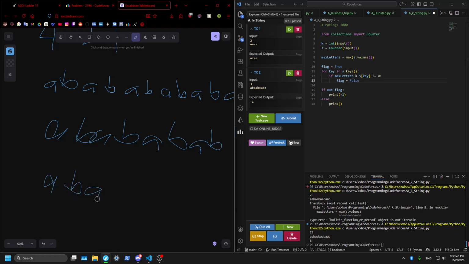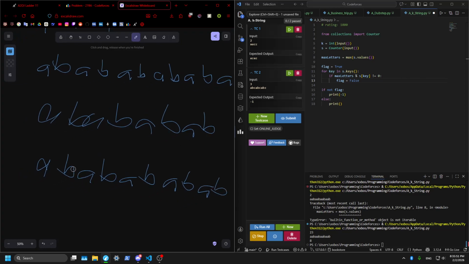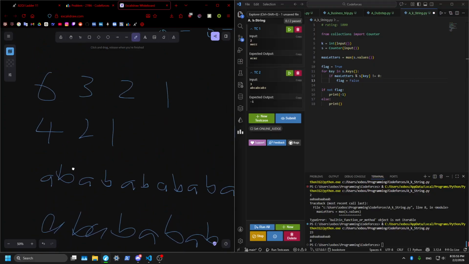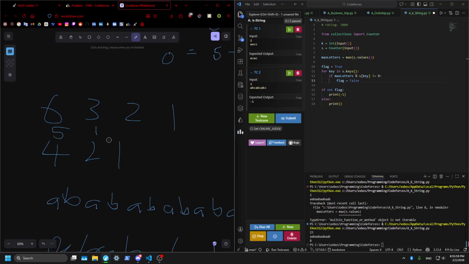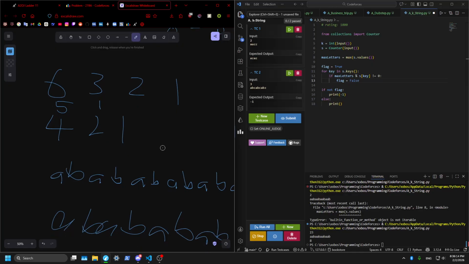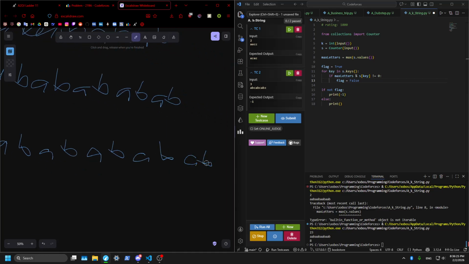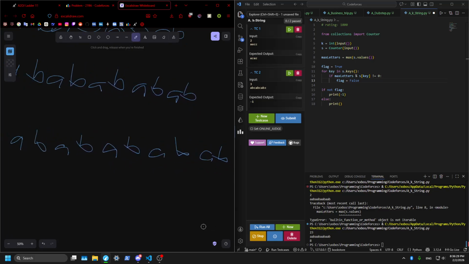A five string is just a one string. A 7 string is just a 1 string.